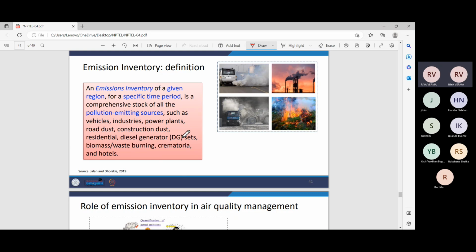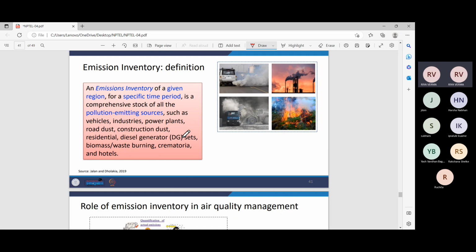So I think you all must also have read about the source apportionment topic. Okay, so your emission inventory basically is a record of all the pollution emitting sources for a particular region.